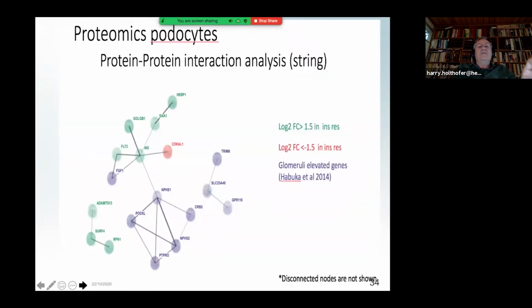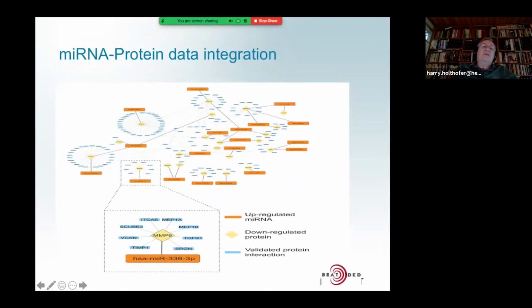And of course, we are interested in the protein networks. This is what we can easily develop from these, and of course important is that our microRNA results really keep together with the protein data, which means that we can identify microRNAs which are leading us to certain key molecules and molecular networks that we identified in diabetes in this case.